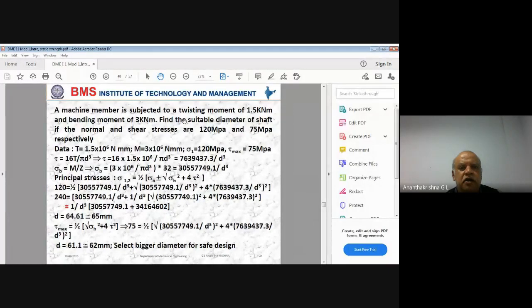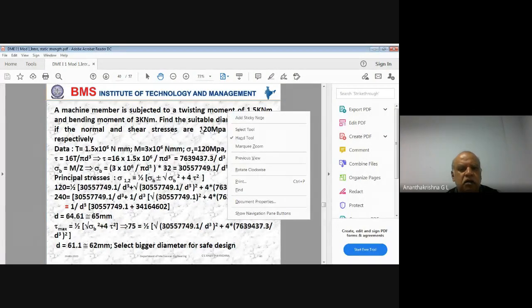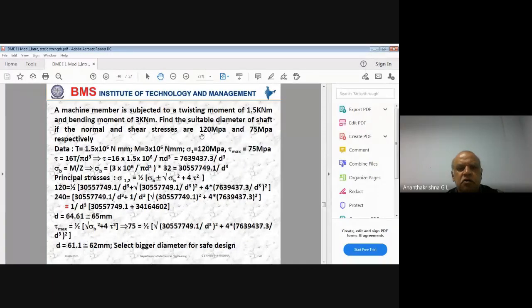Find the suitable diameter of the shaft if the normal and shear stresses are 120 megapascal and 75 megapascal respectively. Just note down the answer, nothing else.